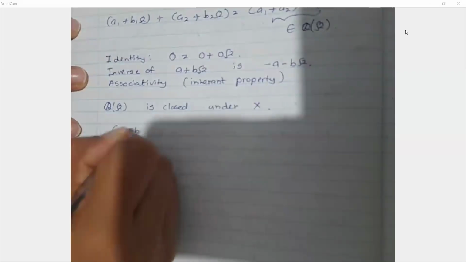Under the usual multiplication, why do we have that? If we take A1 plus B1 root 2 and A2 plus B2 root 2, two elements from this set, and you multiply, you see that you get A1 A2 plus 2 B1 B2 plus B1 A2 plus A1 B2 times root 2.